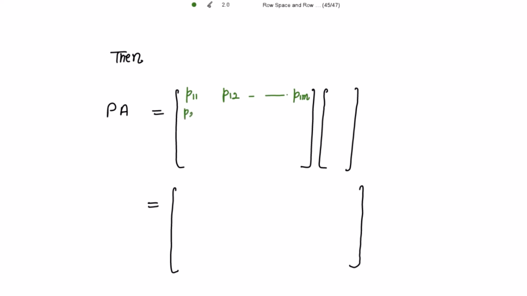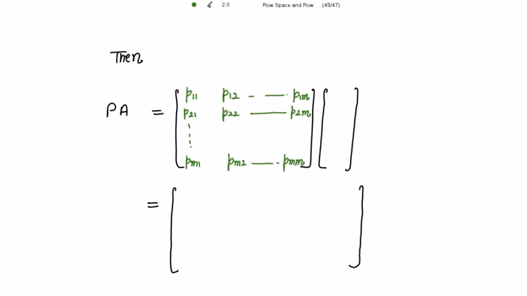Then second row, first column. Second row, second column, so on. Second row, mth column. Likewise, in the last row, because the number of rows is m, it starts with Pm1. Mth row, first column. Mth row, second column, so on. Mth row, mth column.